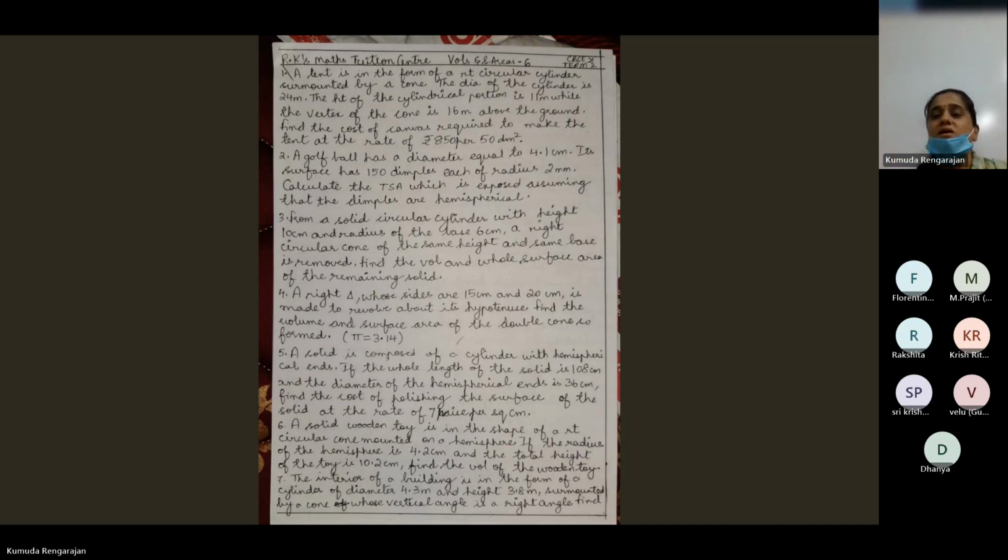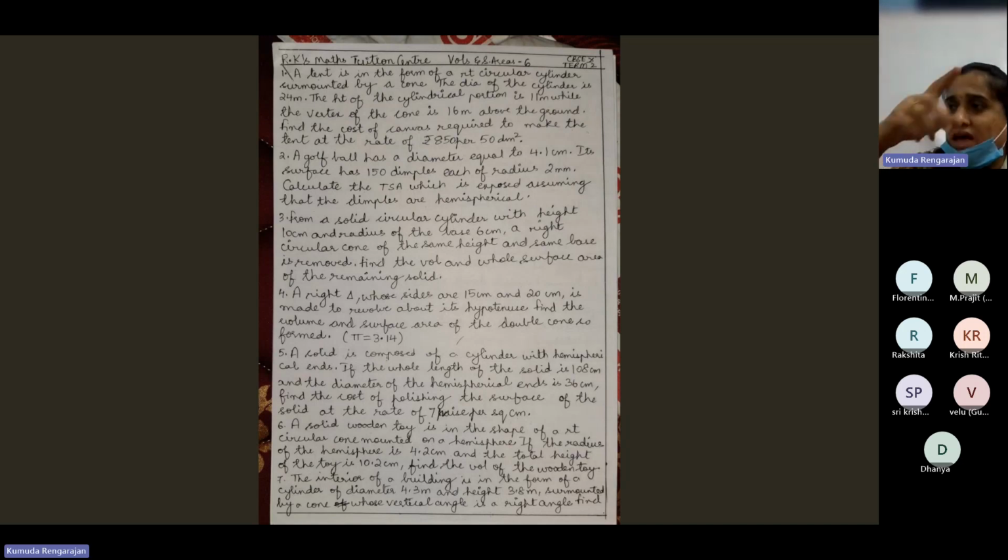So the golf ball. First take the TSA of the golf ball, 4 pi r square. Now ask yourself, do you find the entire surface area? Is the entire surface area of the ball there? Meaning, is the material on the surface area completely intact?